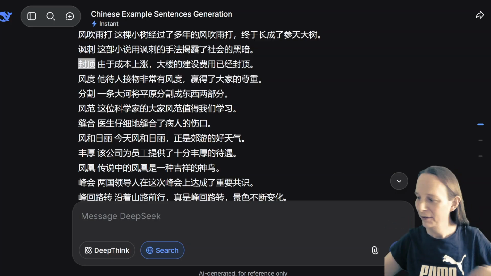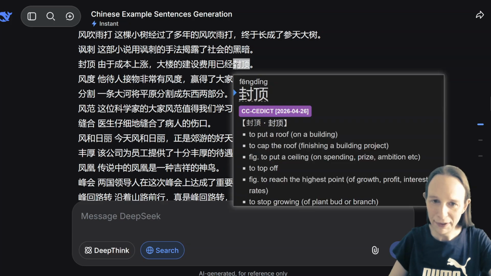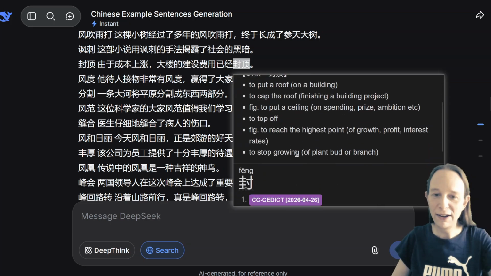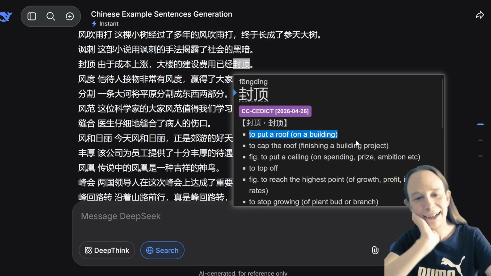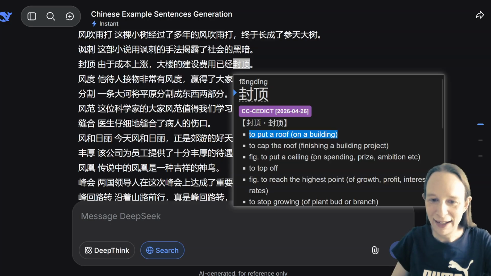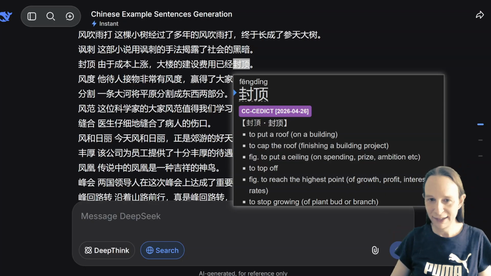I don't know what it could mean. 由于成本上涨，大楼的建设费用已经封顶. Is it used up? Oh no, it is put a roof on a building. 封顶. Okay, so it's capped. Put a ceiling on the amount of 费用. So the expenses are capped. Okay.